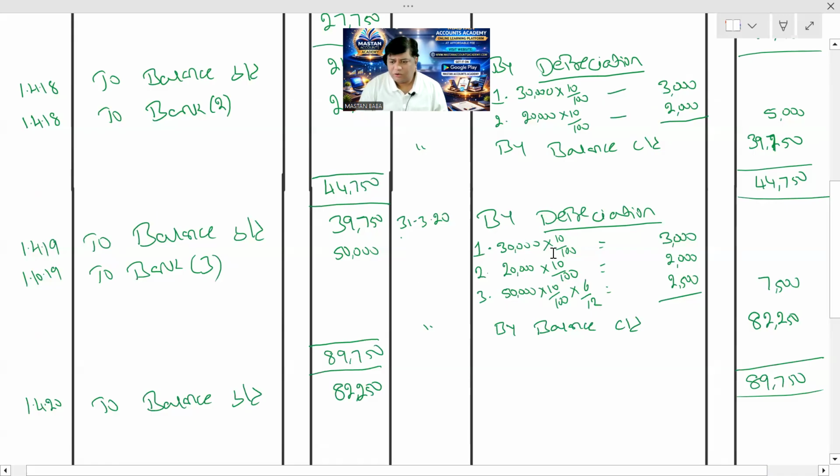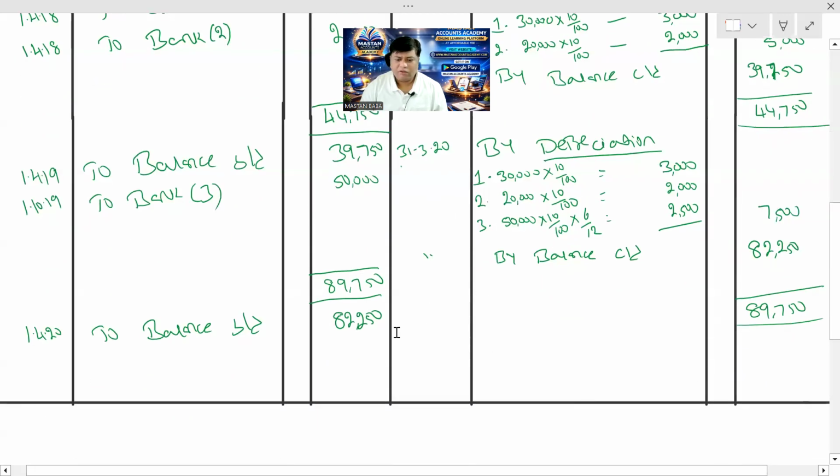First machinery 30,000 into 10 by 100 is 3,000, that's related to the first machinery. 20,000 is related to the second machinery, which was also utilized for the full year, 2,000. So the first and second were used for a full year, so I took a full year. But when did we buy the third machine? In October. From October to March is 6 months, so 50,000, third machinery value, into 10 by 100 into 6 by 12, 2,500. That comes to 7,500. The balance carried down is 82,250, and to balance brought down, that comes to 82,250.